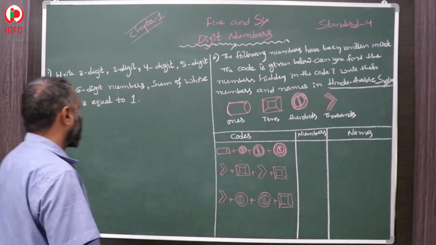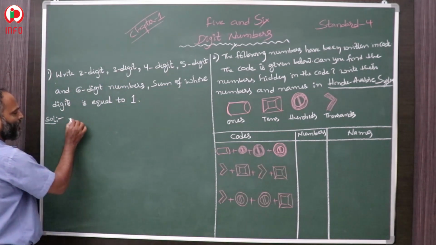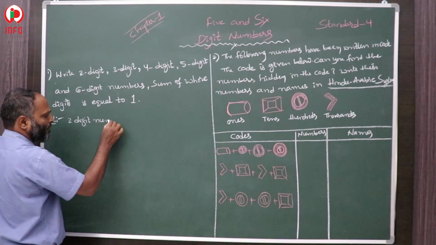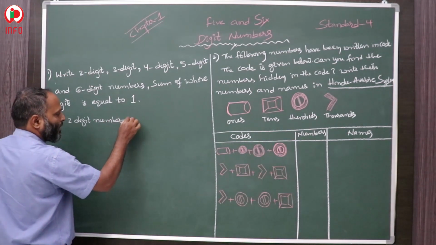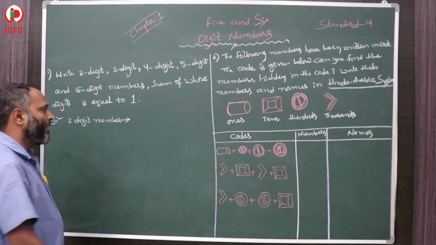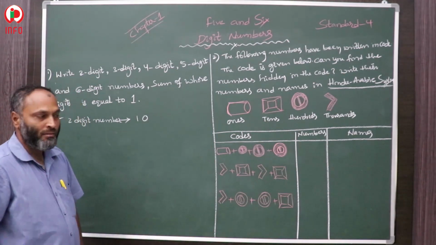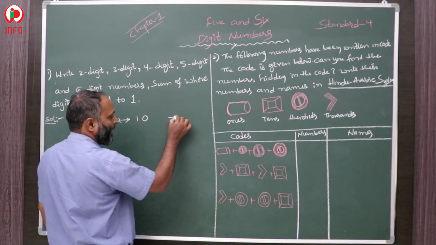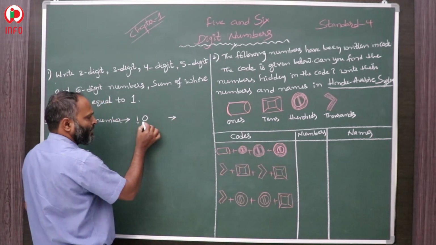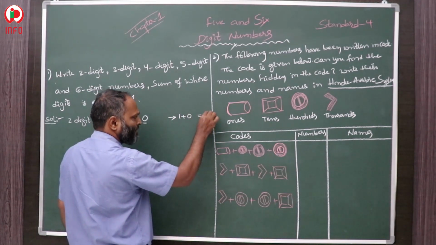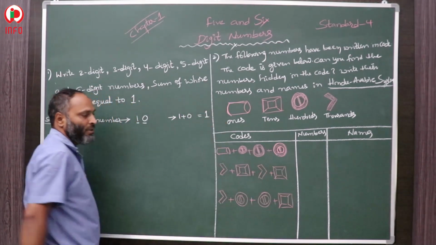Then check here. First, a 2 digit number. If I take 10 and add the digits, 1 plus 0, it gives answer 1.